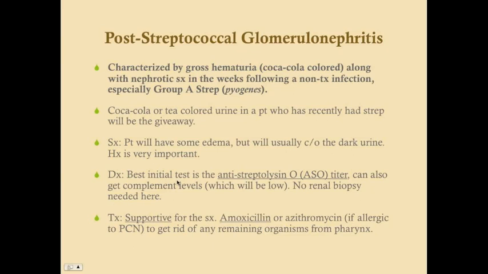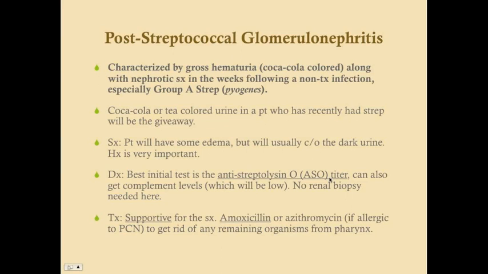On your USMLE, you're going to be told that this patient had some kind of respiratory tract infection. Your best initial test, your screening test, is going to be your anti-streptolysin O titer. And you can also get your complement levels, which will be low. You're not going to need renal biopsy here.